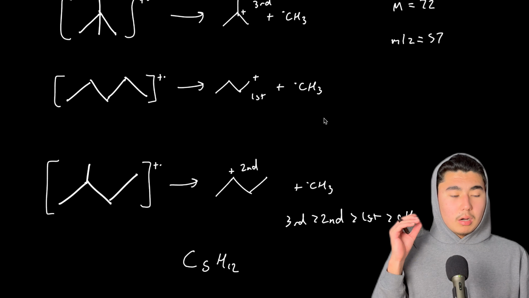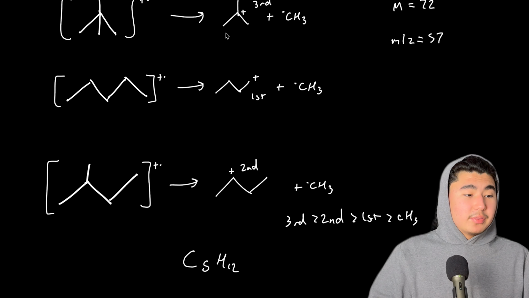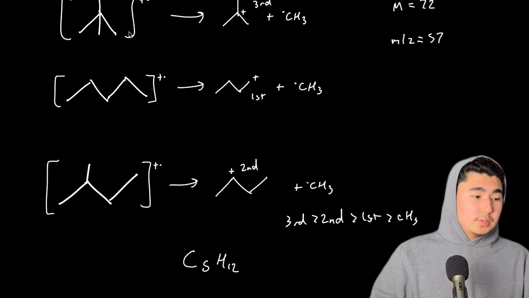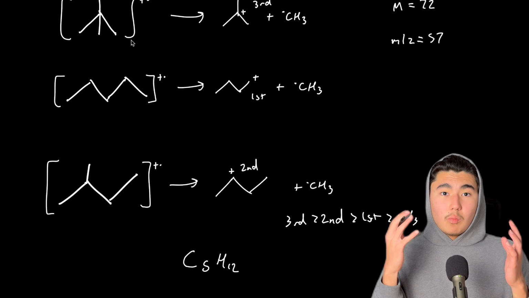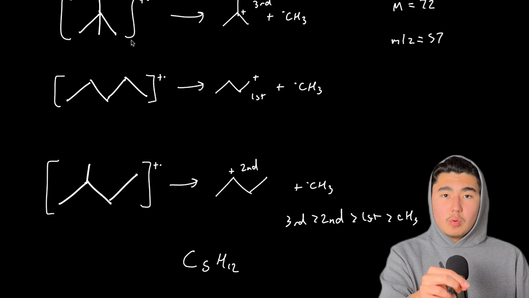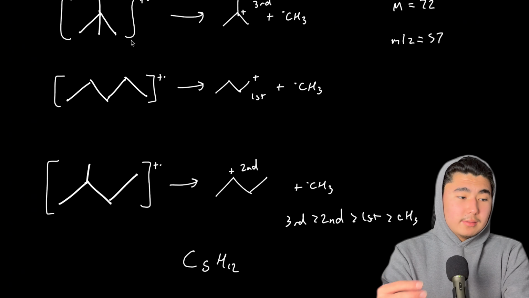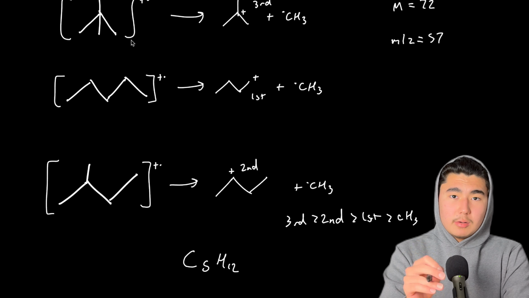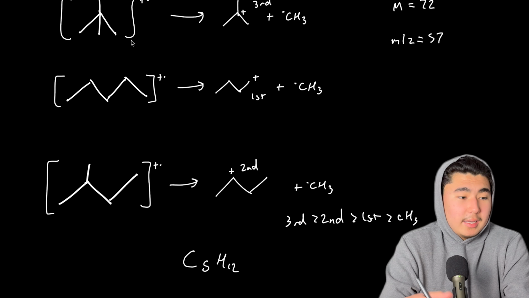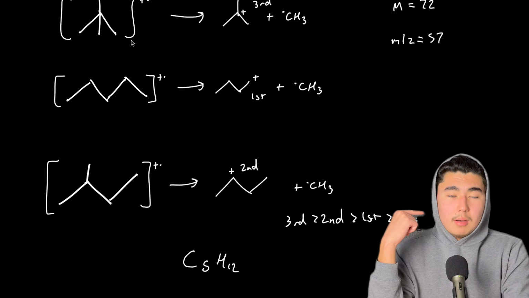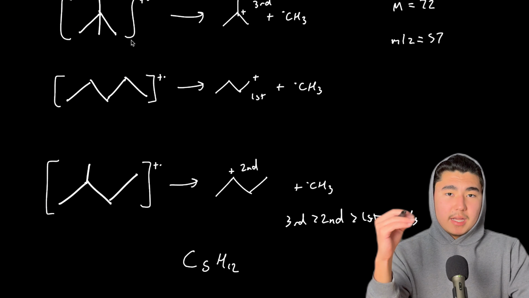So all of these are going to have a peak at 57, but the most intense is going to be from that 2,2-dimethyl propane. The reason why is because this is the most stable fragment that we can create out of all of them. That's why this is going to be the most intense. It's going to be the base peak when we see that in the mass spectrometry.